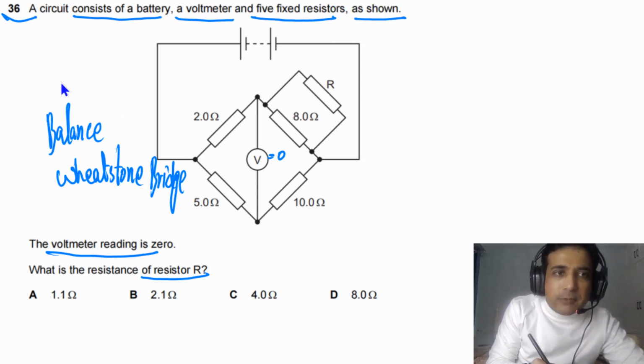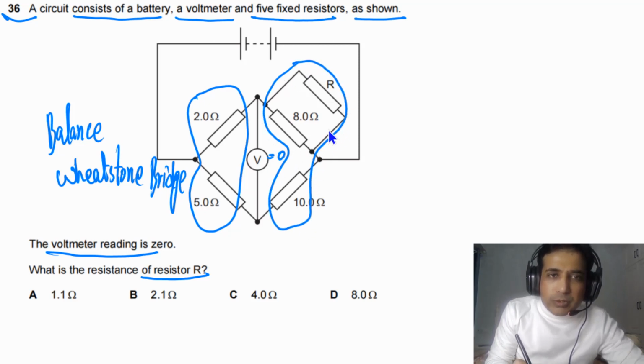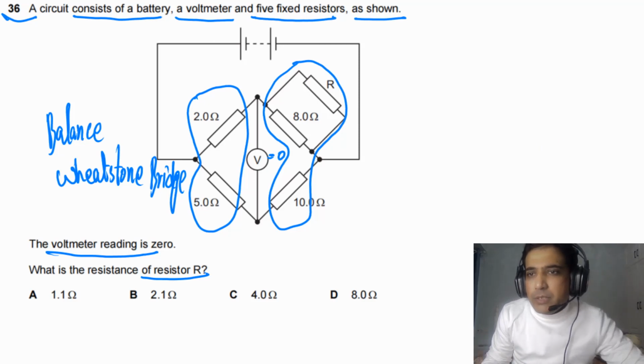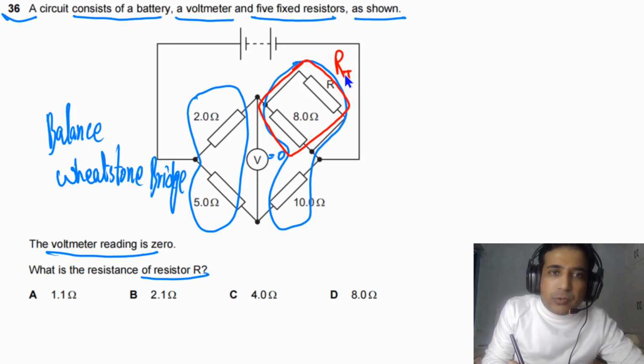For a balanced Wheatstone bridge, you need to understand the ratio between these two resistors has to be the same as the ratio between these resistors. We can replace these two resistors with one resistor. So you can imagine that these two resistors are in one box, and we can say the resistance of that resistor is equal to RT.